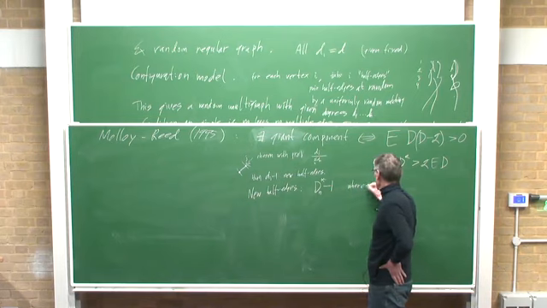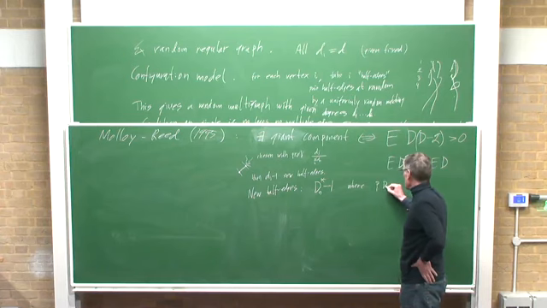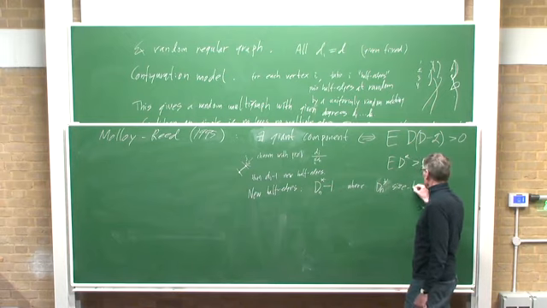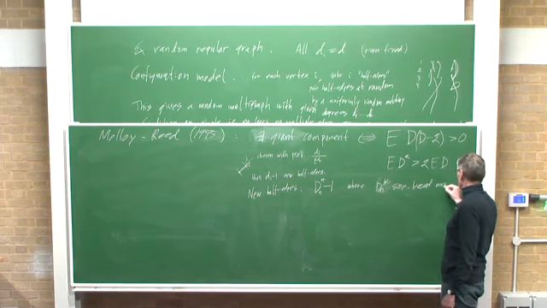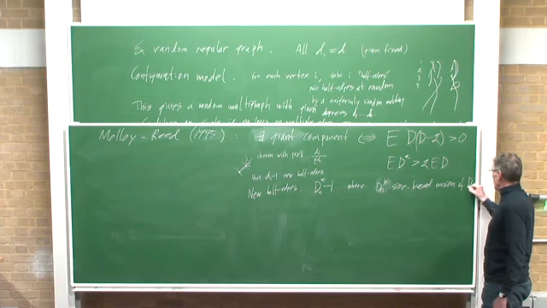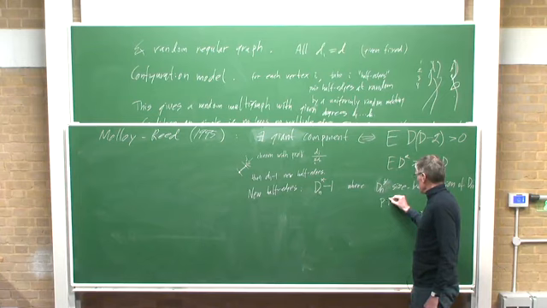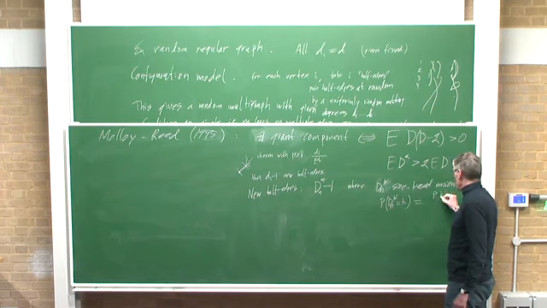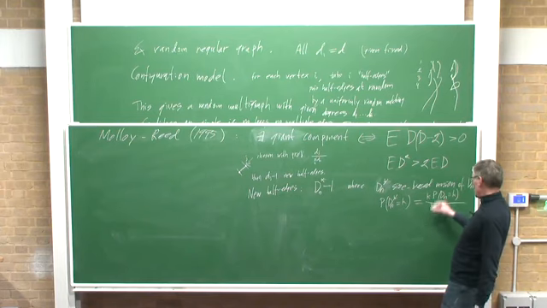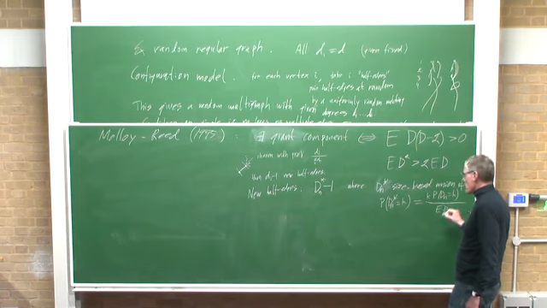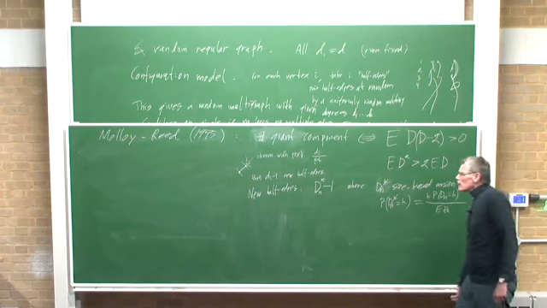Where D_n star is the size-biased version of D_n, meaning that the probability of D_n star being some k is the probability of D_n being k times k, and then we have to normalize, and the sum of this is just the expectation of D_n.